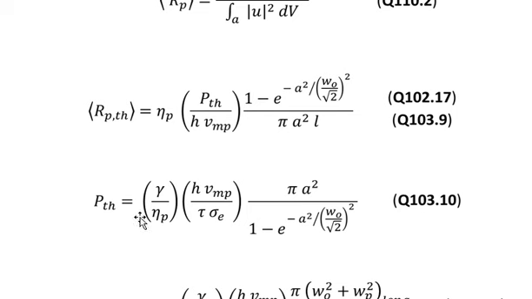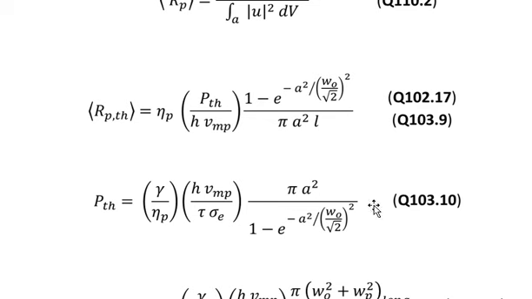So P threshold is equal to gamma over eta P multiplied by h nu mp divided by tau times sigma E, and multiplied by pi a square over 1 minus e to the power minus a square over a square divided by square of w naught over square root of 2. So you see that this is the threshold pumping power. This is the pumping power that I was talking about.